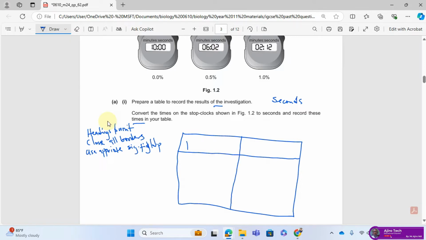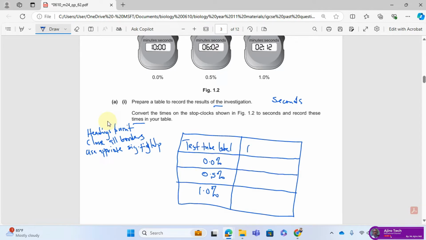So here we have three test tubes. So test tube label. We have 0.0% test tube, 0.5%, and 1.0%. Of course, you close all borders like that. Ensure that you use a ruler to do this.